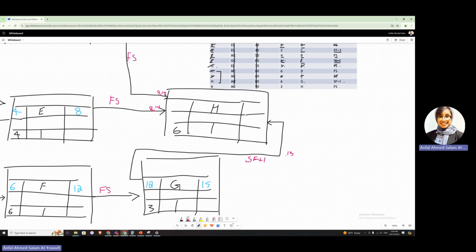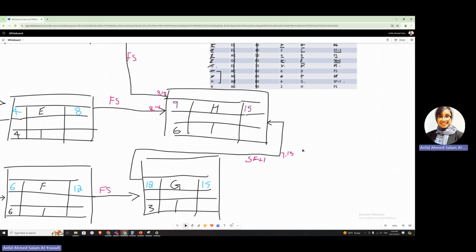If I finish this in day number 13, I'm supposed to start it in day, so 13 minus 12, which would be day number 1. So based on these 3 numbers, I'm going to take the bigger number, which is 9 and 15.